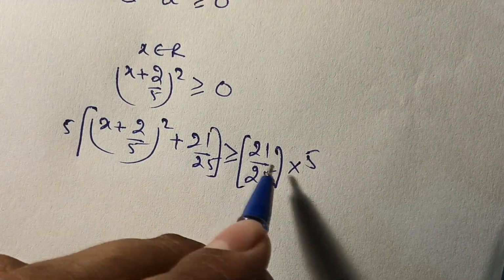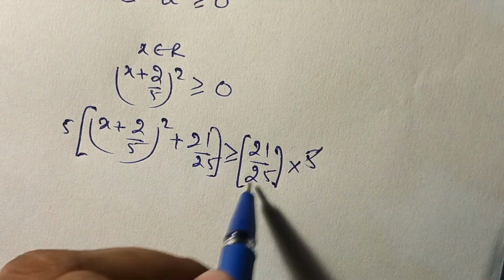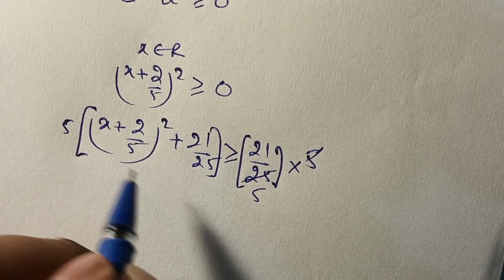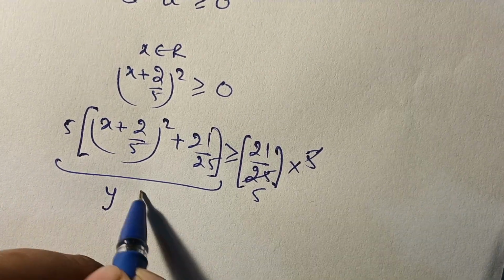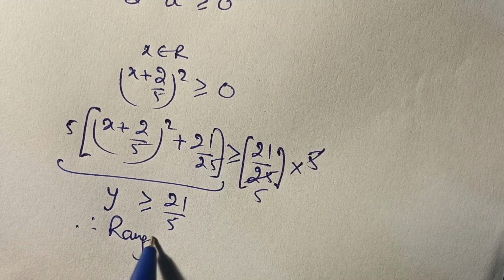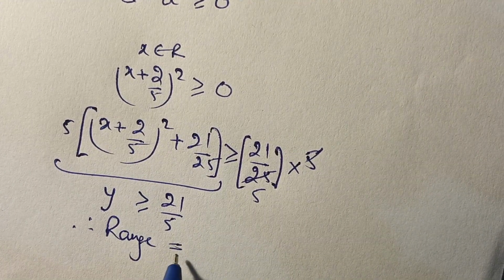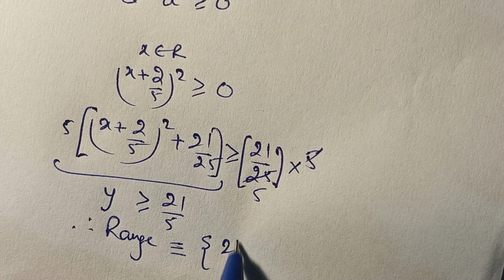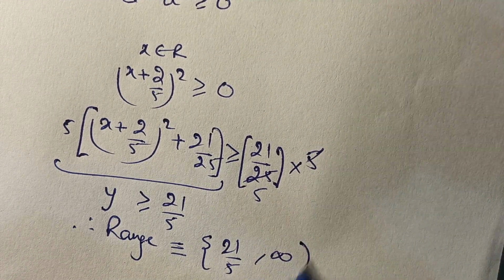Multiplying by a positive number does not affect the inequality, so we are left with this whole expression. Let this be y, so y is greater than or equal to 21 by 5. Therefore the range of this function will be 21 by 5 to infinity.